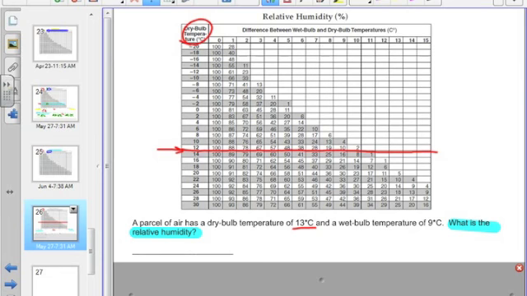Now, the other thing we have is straight-out wet bulb. And to find my proper column, I'm looking at the difference. So let's see, 13 degrees Celsius minus 9 degrees Celsius gives us a difference of 4 degrees. 4 degrees puts us in this column. We read down that 4-degree column, and where are we?